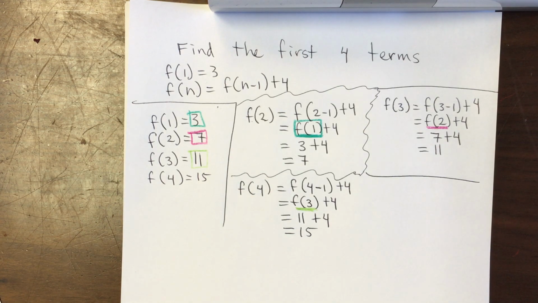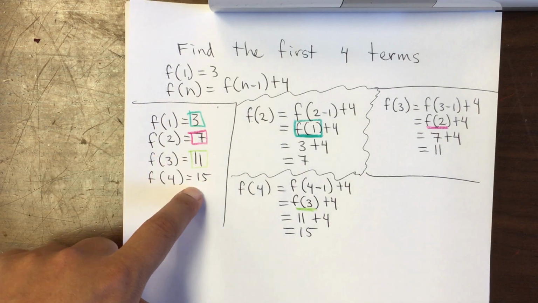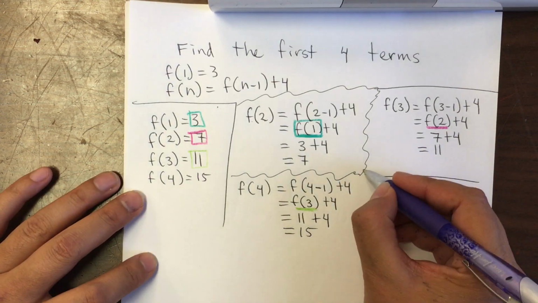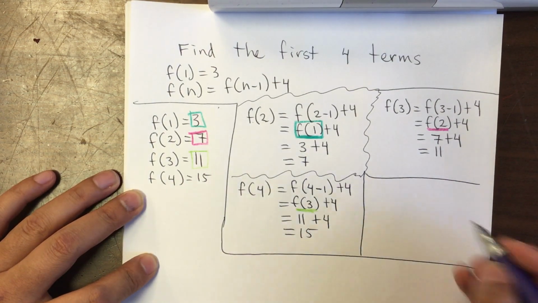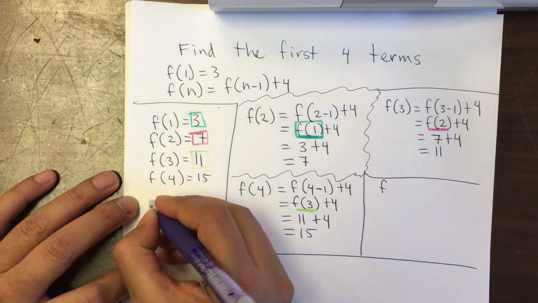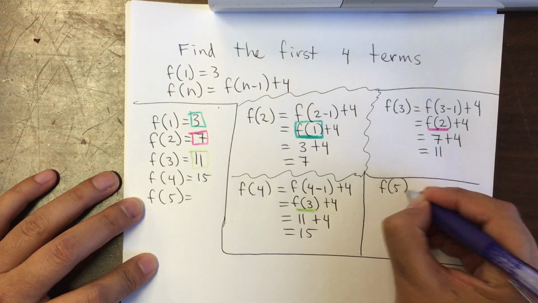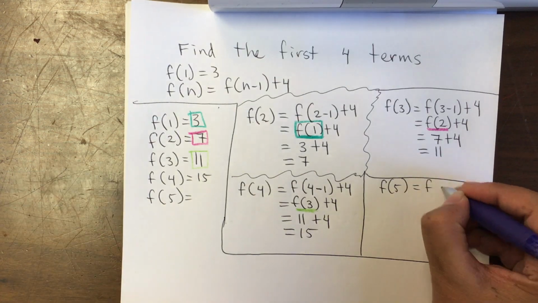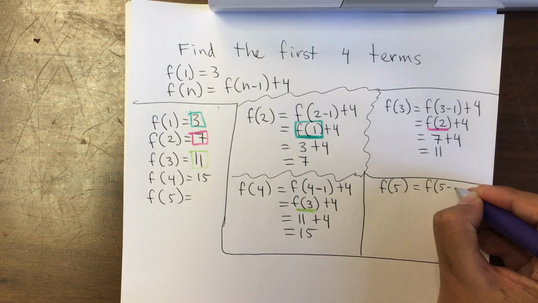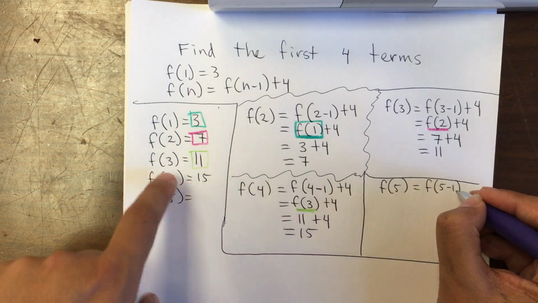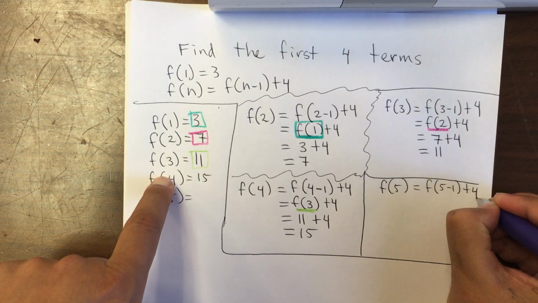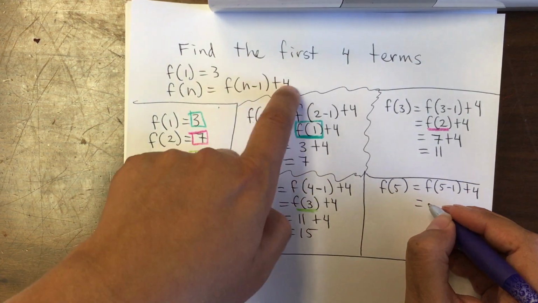Okay, and I think it says to find the first 4 terms, but I want to go one more just so that we really get this concept. So to find f of 5, f of 5 means look at f of 5 minus 1, meaning look at f of 4 plus 4 more, because that's the pattern.